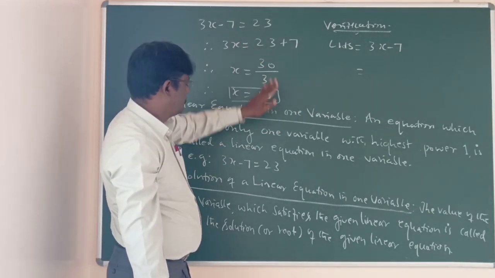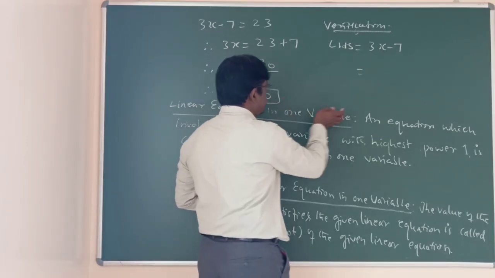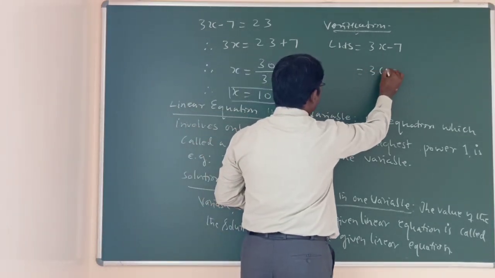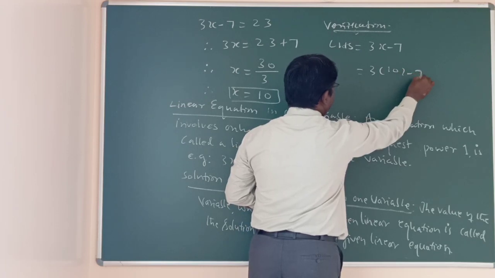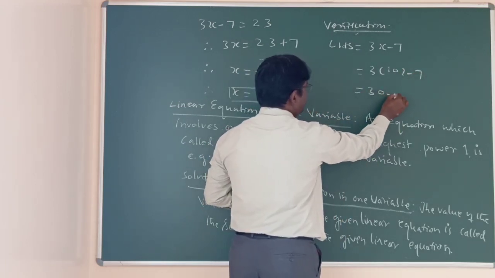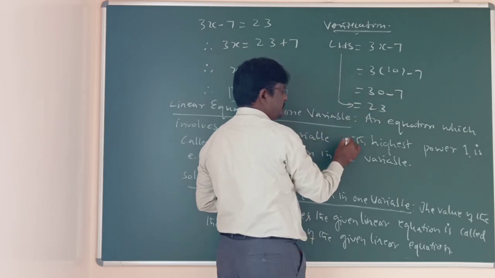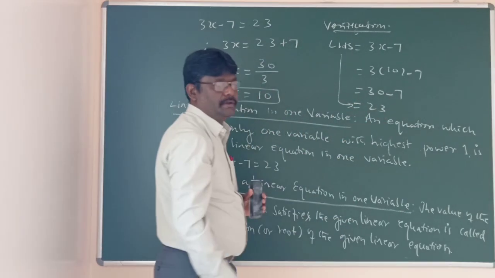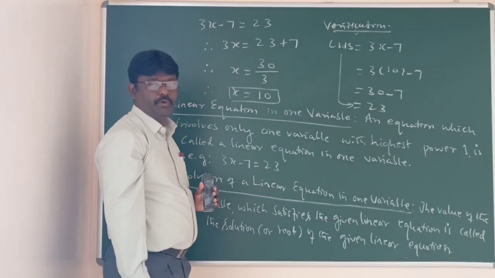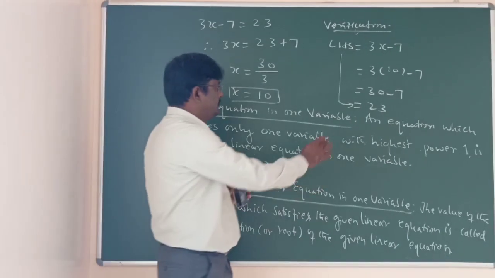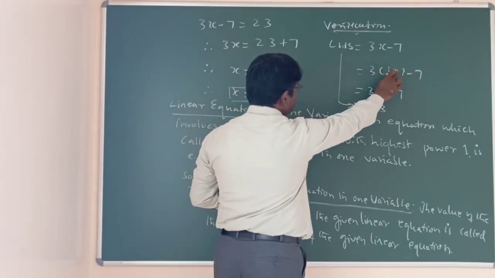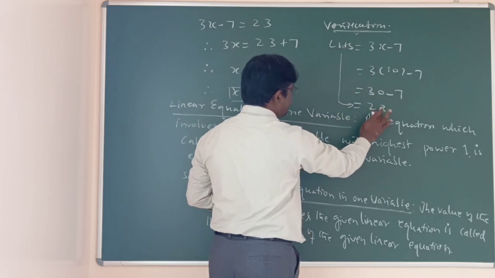Now by substituting the value, 3 into 10 minus 7, 30 minus 7, 23. This is LHS. This is what we call satisfying. What is the meaning of that? Here for the value of x equal to 10 we got LHS 23.